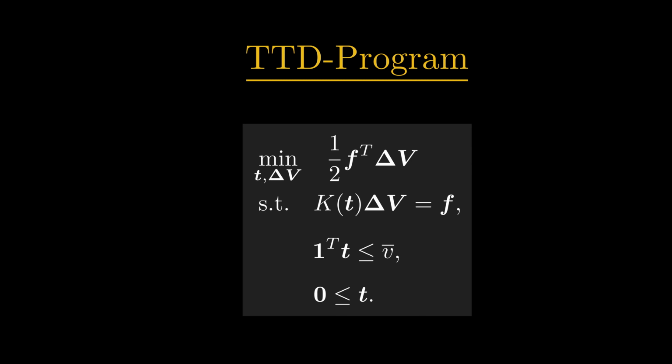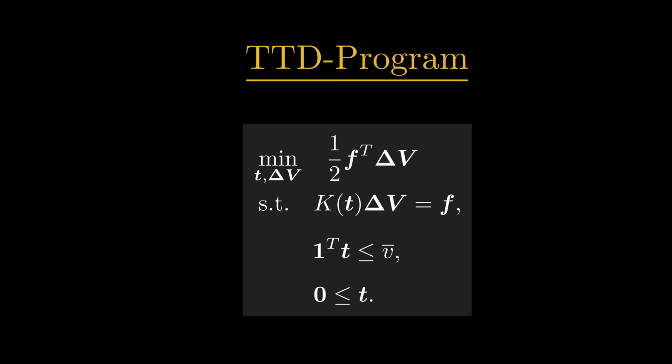Note that this program will search for a volume vector t and a displacement vector delta capital V, which describes the displacement of every free node in the truss with the volume vector t under the load F. This problem itself is nonlinear, and in many papers a transformed version of this program has been used to determine an optimal truss design.